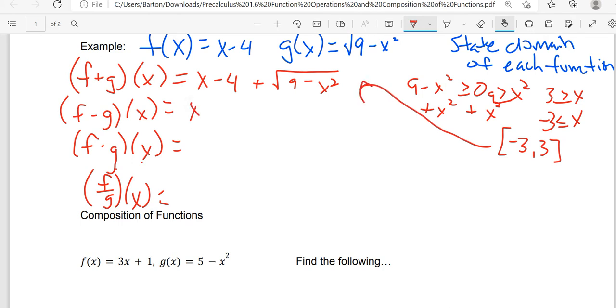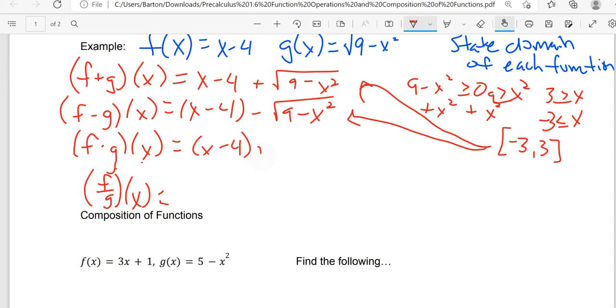Next, x minus 4, parentheses, minus square root of 9 minus x squared. Domain's the same. We have the same function there, so it's not going to change. Next, we have x minus 4 times the square root of 9 minus x squared.